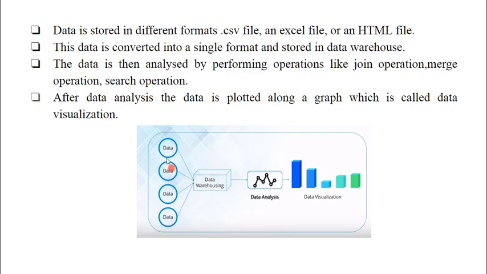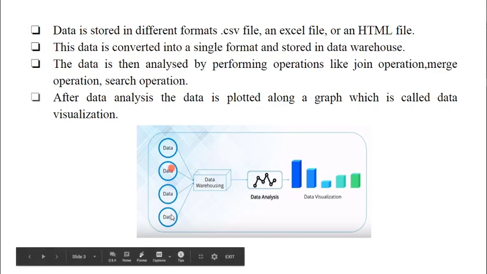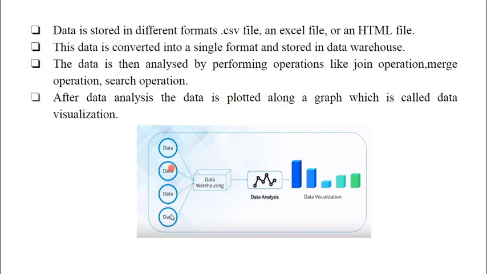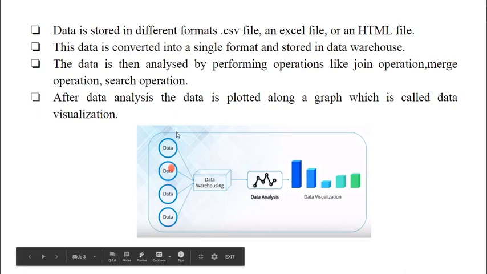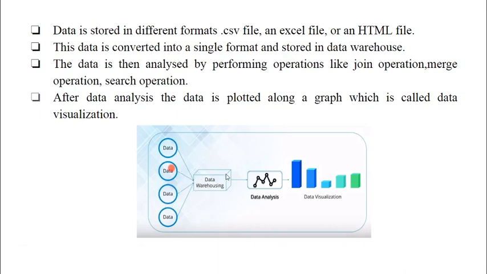So all the data is generated from different types, maybe using a different format. So all these data have to be stored in a data warehouse. Before that, all the data are converted into a single format and stored in the data warehouse.